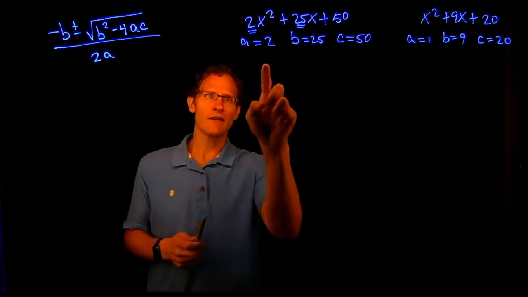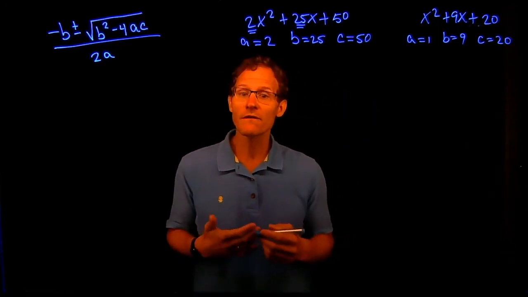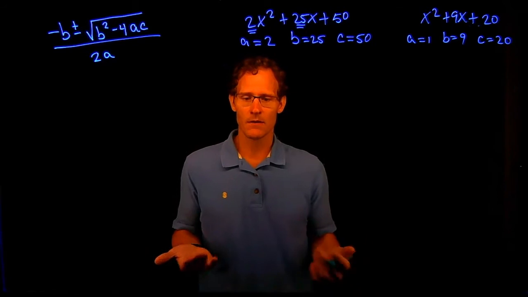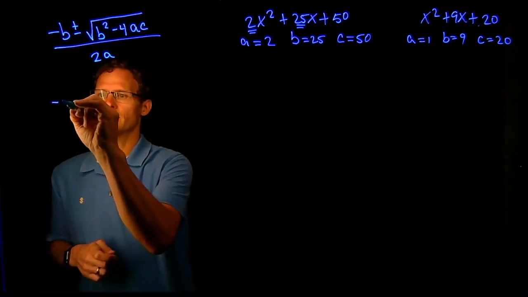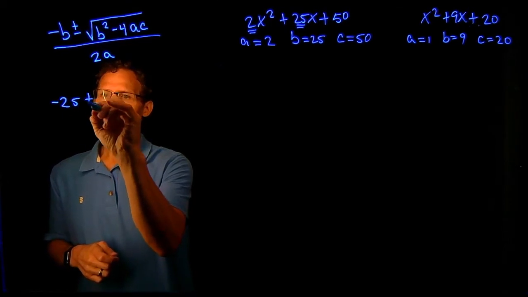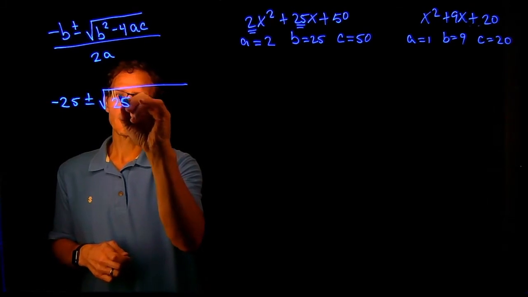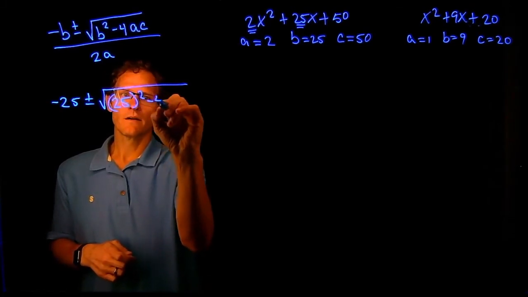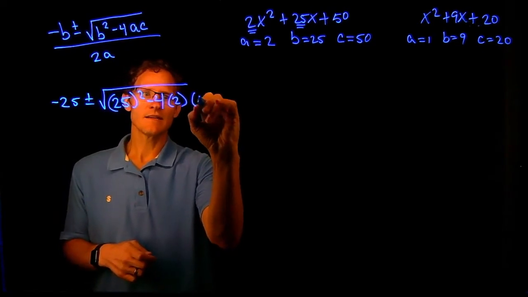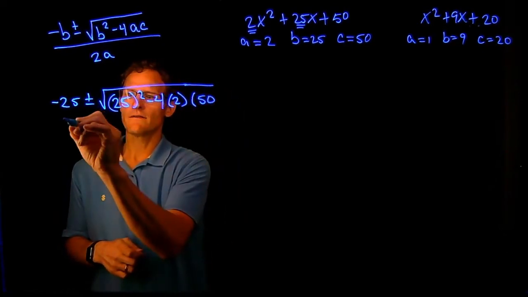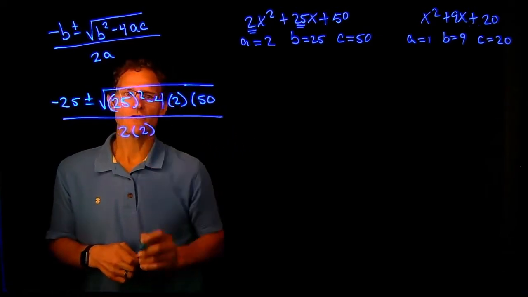In this case, our a is 2, our b is 25, and our c is 50. So we're working with fairly large numbers. Let's go ahead and plug things in. My b is 25, so negative 25 plus or minus the square root of b squared, so 25 squared minus 4 times a times c, and all of this over 2 times my value of a, which is 2.